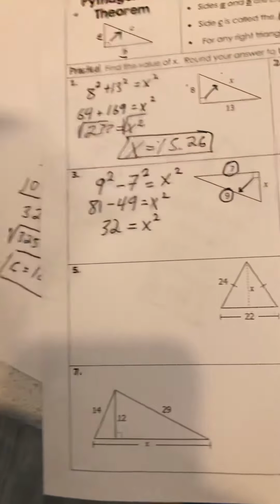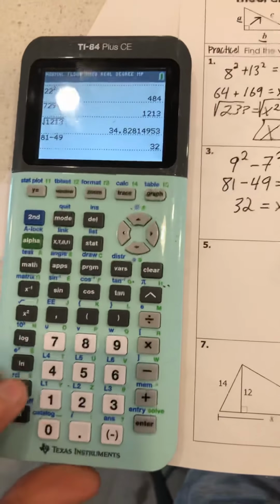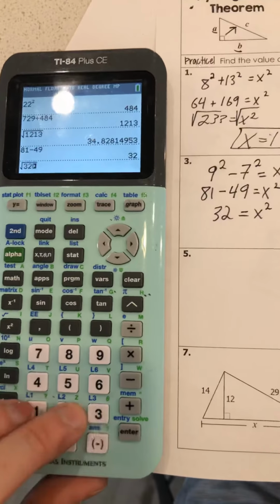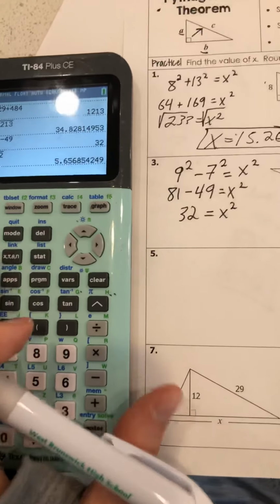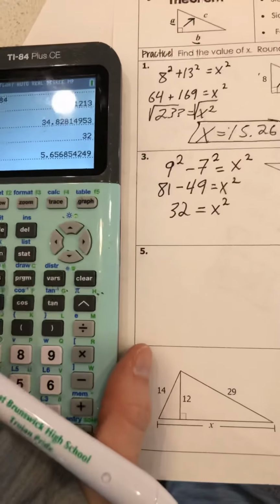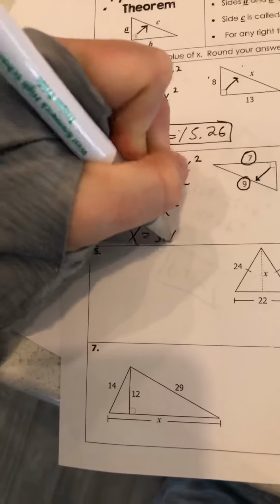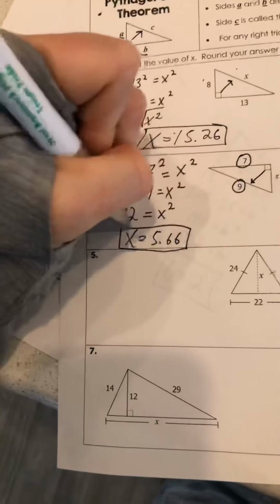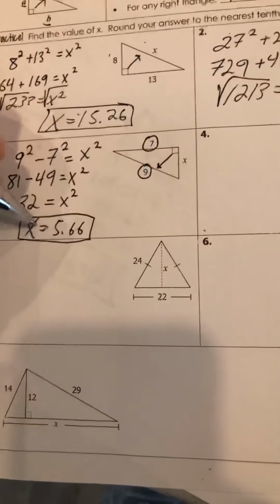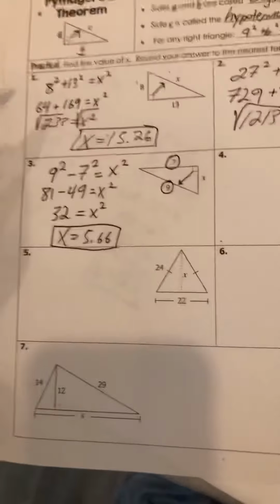That's our leg squared, and so we're going to undo that by doing the square root. We get 5.65. That last 5 will round up to a 6, so 5.66. Now this side, because it's a leg, has to be less than the hypotenuse, and it is less than 9, so that does work.